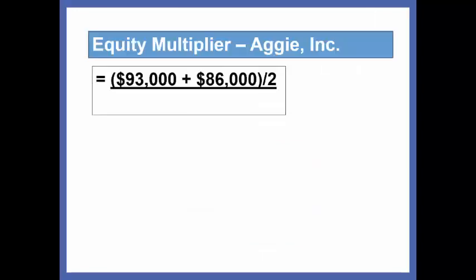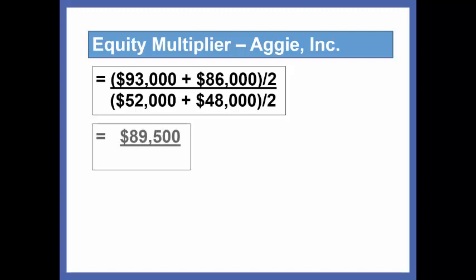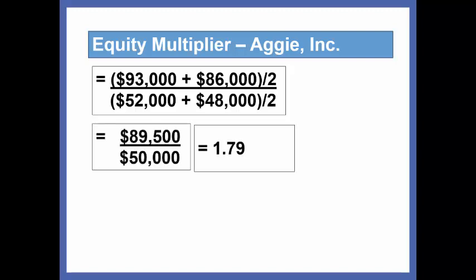So we can put that into our formula. 93,000 plus 86,000, the average of that would be 89,500 of assets. The average equity, 52,000 plus 48,000 divided by 2, would be 50,000. And this would give us 1.79. So this too looks at what portion of assets are funded with equities.